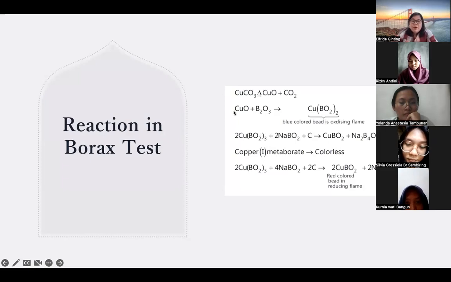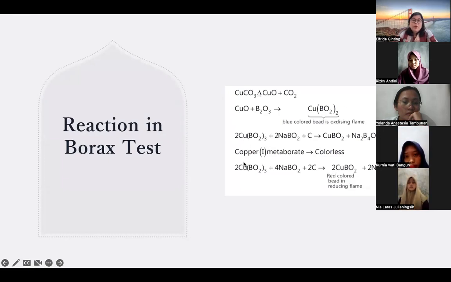If you have copper oxide, then you have a blue color. This is copper 2, Cu2+. Now if you have copper 1, Cu+, you have a red color bead in the reducing flame.